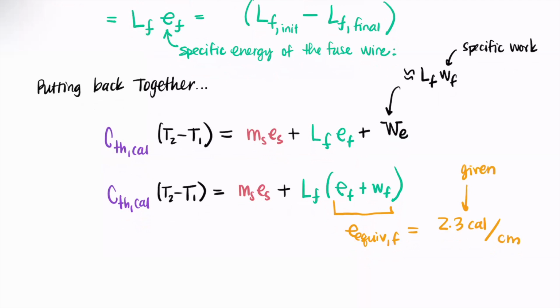All right. So if we take a look at what's given to us, we have this, we have this, we have this. And then we are measuring in the lab LF. And we're also measuring our temperature, right?